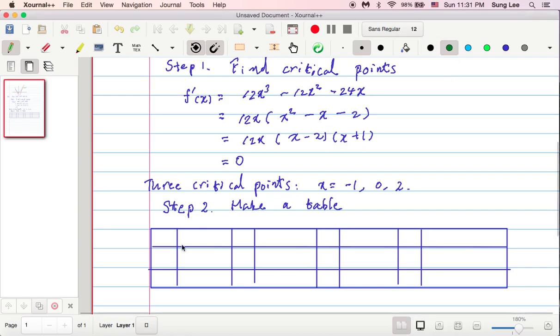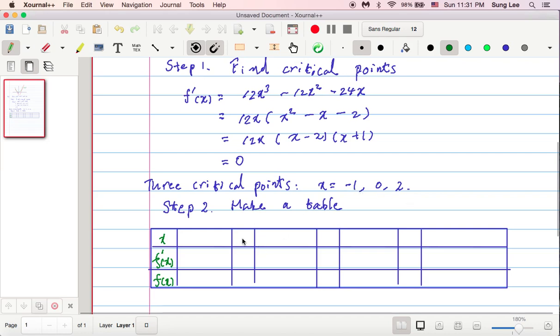Here, the first column is for x, f of x, f prime of x, and the last one f of x. And here three small columns, you see, those are for the critical points.